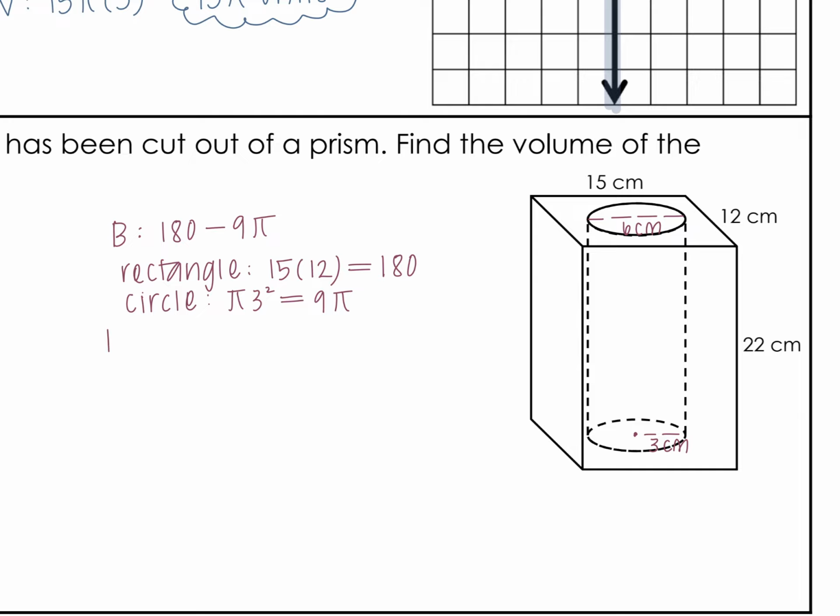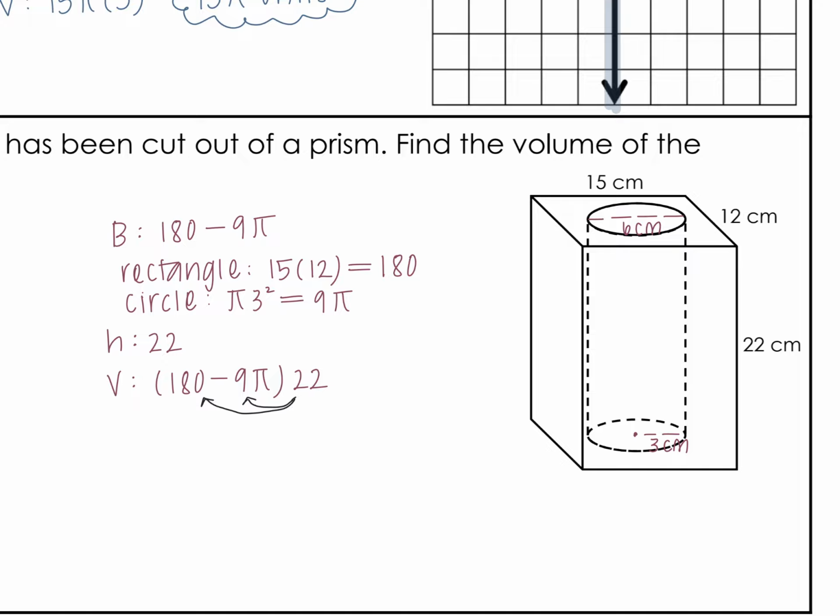Then moving into my h, my height, I'm going to have that 22. So for my volume here, I'm going to take my capital B, that 180 minus 9 pi, and I'm going to multiply it by my h. Now, since I am multiplying something that could not be simplified into 1, I'm going to make sure that I distribute that 22 into both of these.